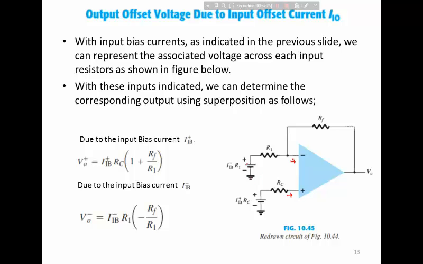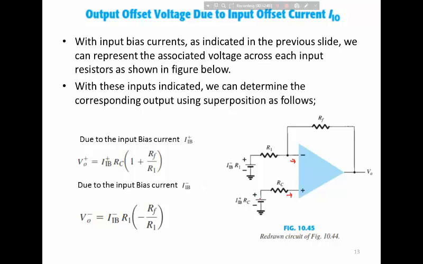So if we have these two input voltages, we can find the corresponding output due to these two inputs using the superposition theorem. That is, we consider each input one by one, find the output for each input, and then at the end add the results.